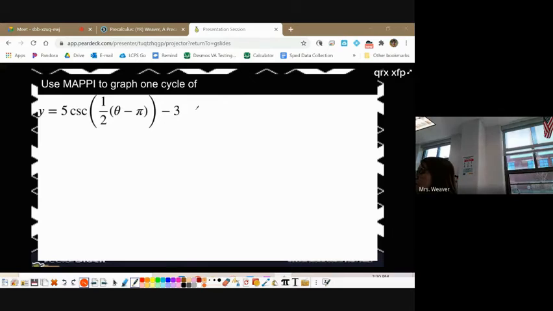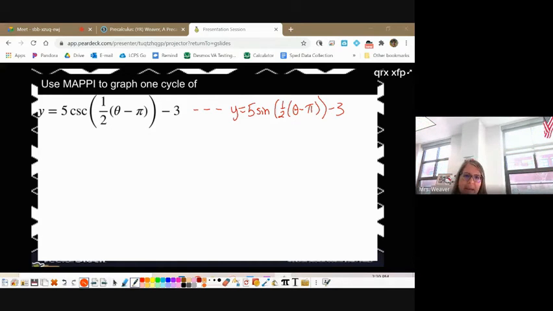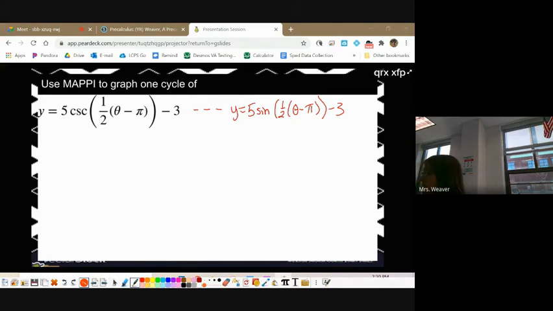So we're going to use a dashed line to graph y equals the exact same equation, but changing out cosecant for sine. So 5 sine 1/2 theta minus pi minus 3. We're going to graph that with a dashed line, and then we're going to flip it out to get the cosecant graph. So let's do that. We're going to use MAPI, M-A-P-P-I.